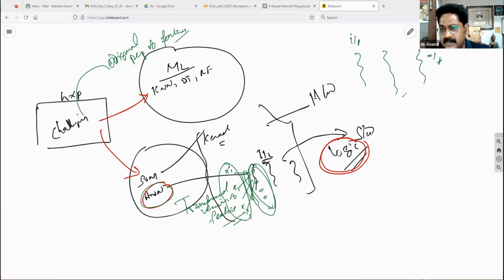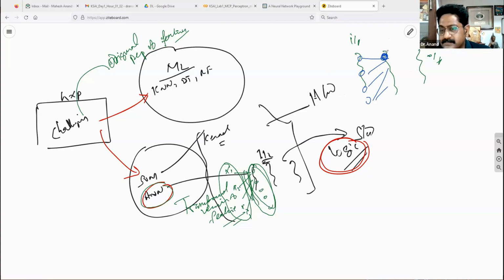Once I introduce the hidden layer, what happens? Your input features, or your raw features, are transformed as a linear combination of the input features. Say, for example, this output: how do I get it? This is the first neuron of my hidden layer.